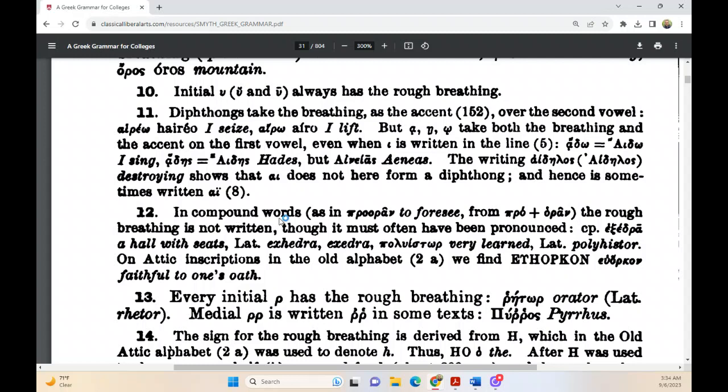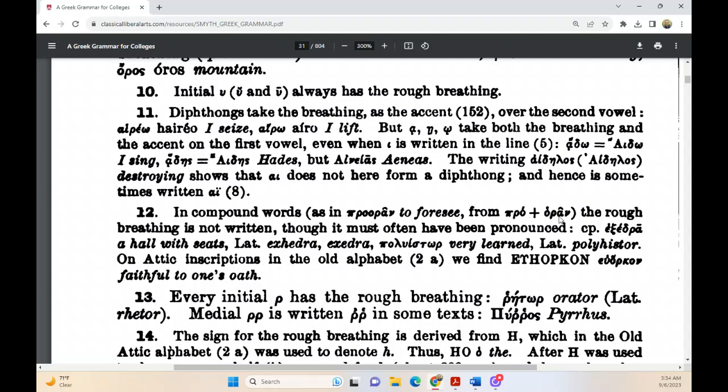Article 12, we read about compound words, words that are composed of two parts of speech. So we have the word prooran, and we see it's composed of the words pro and horan. Notice the rough breathing on horan, but the word prooran has no breathing.